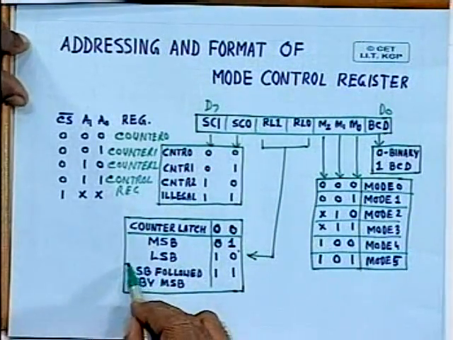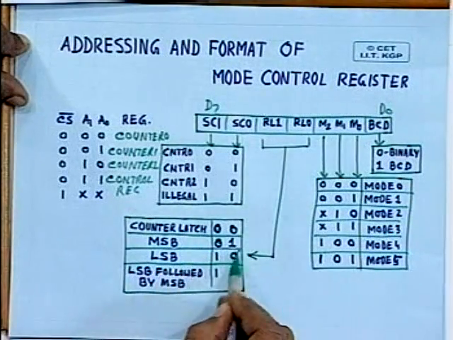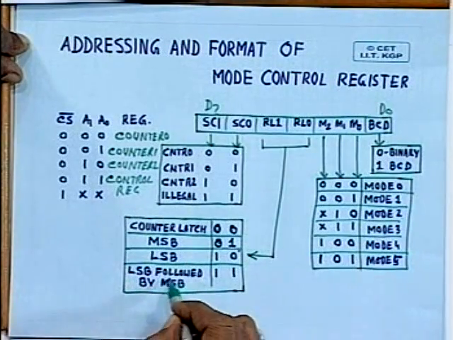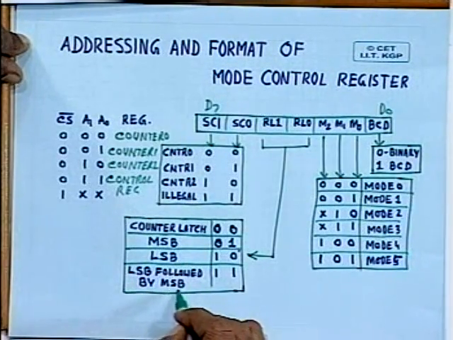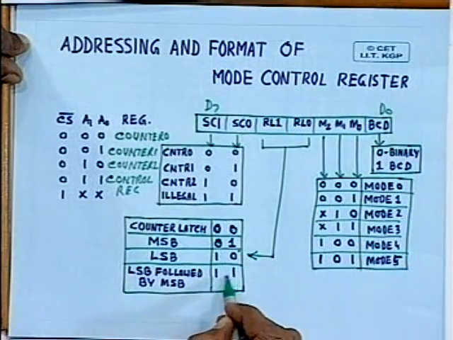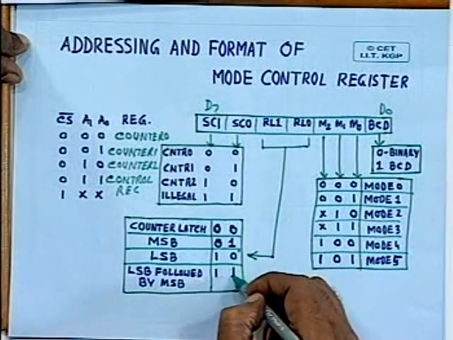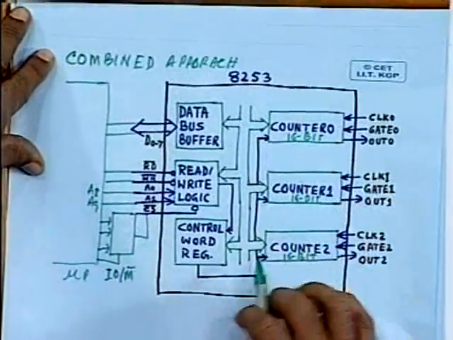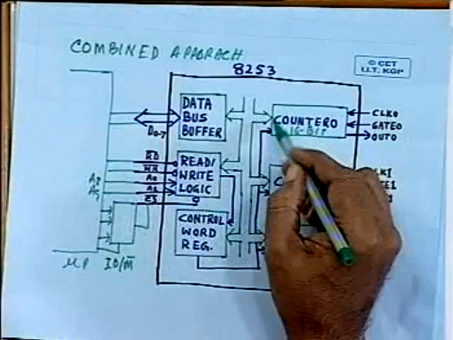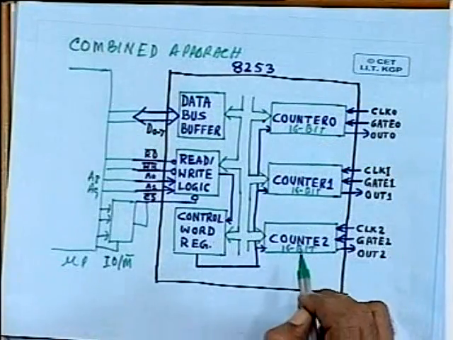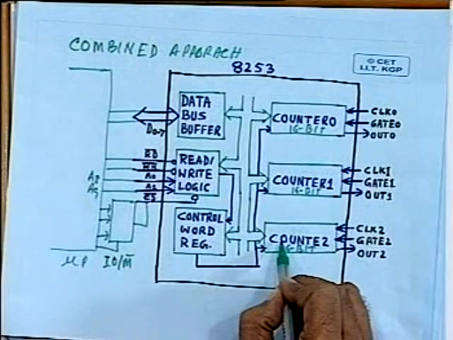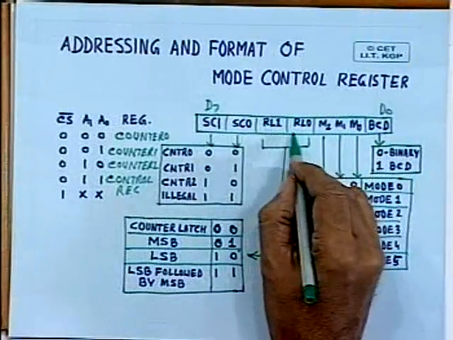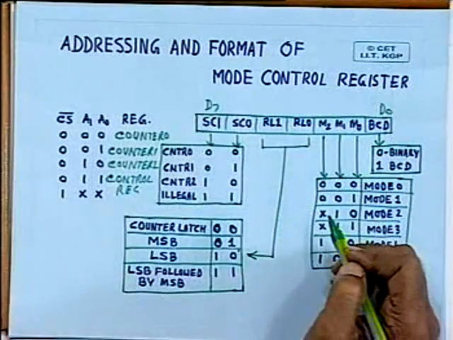Similarly, if you want to access LSB followed by MSB, first lower order byte, then higher order byte, most significant byte, then you will write 1, 1. So you see, you can access either the lower order byte of any of these registers, the higher order byte of any of these registers, or you can access lower order byte followed by higher order byte. And this can be done by writing suitable values in these 2 bits.